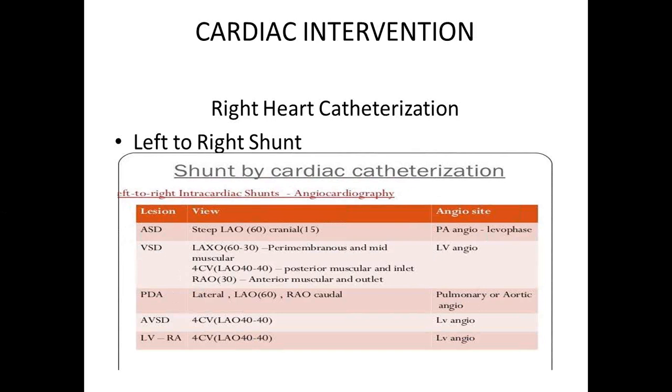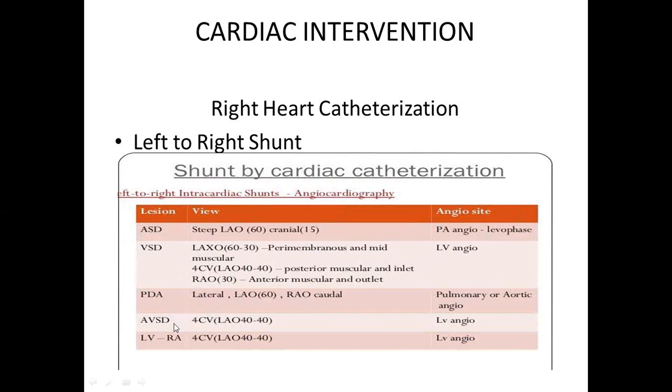You inject your dye, and your camera is going to left anterior oblique 60 degrees, or your right anterior oblique caudal. Okay, so these are just the positions of the camera over the patient, so you can get a very good view, or you can do a left lateral. So the catheter is in the PA, pulmonary artery, or the aorta.